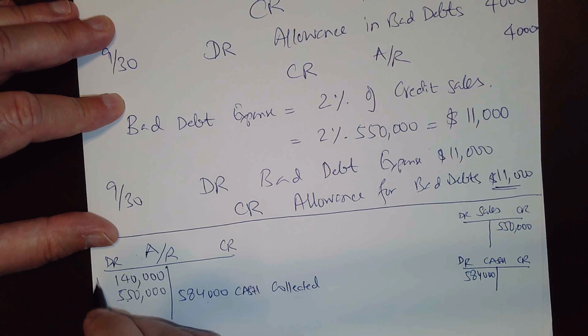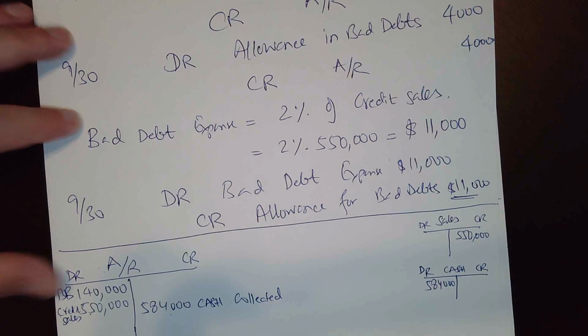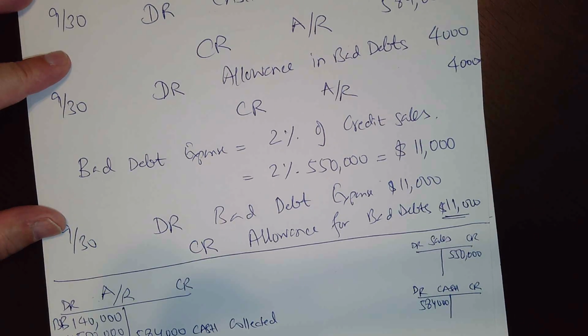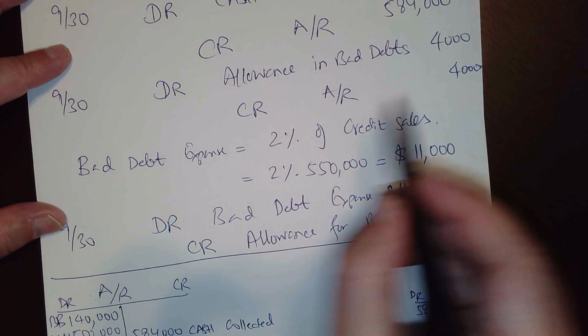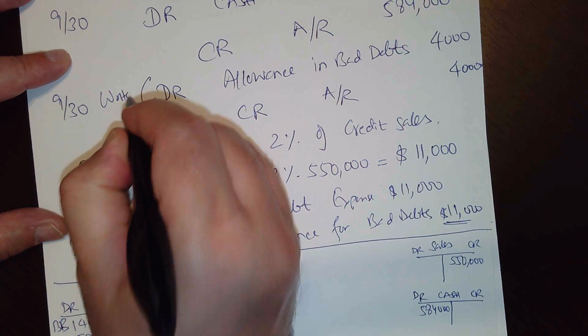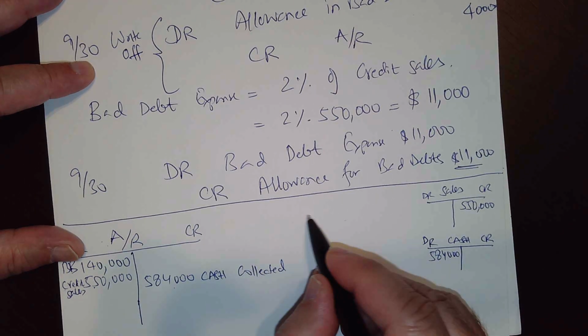This is my beginning balance, and this is credit sales of $550,000. And what else did we do? We did the allowance for doubtful accounts, and because we write off, this is our write-off of accounts receivable.